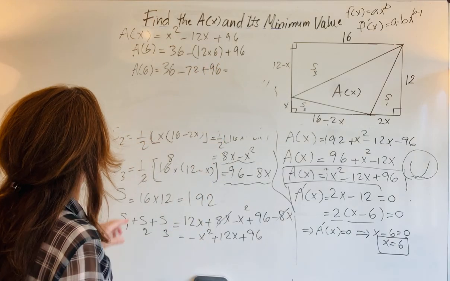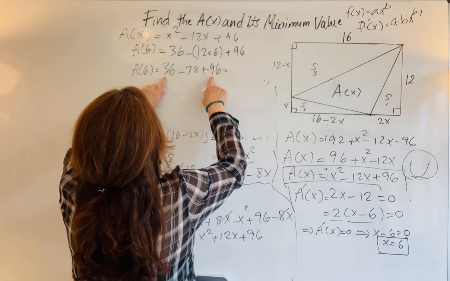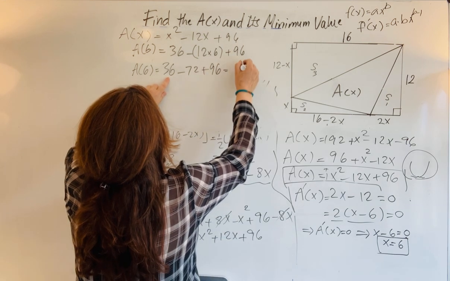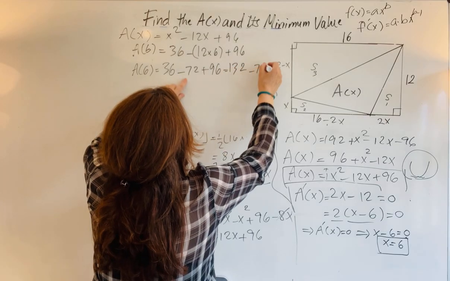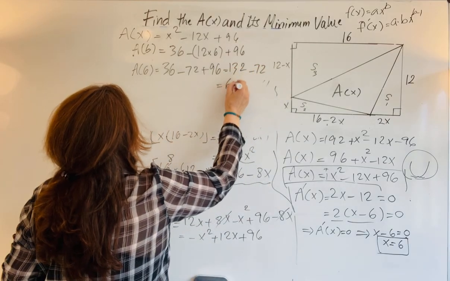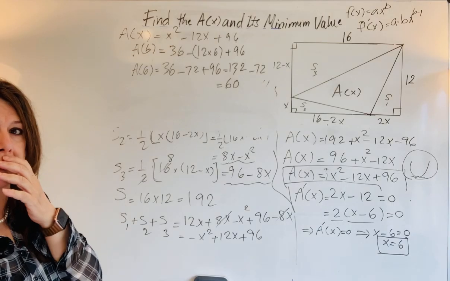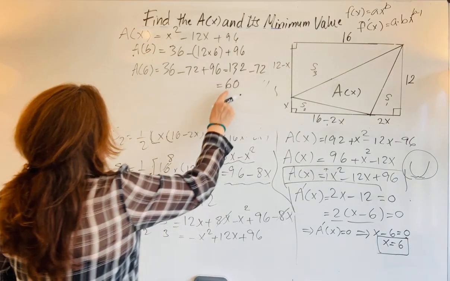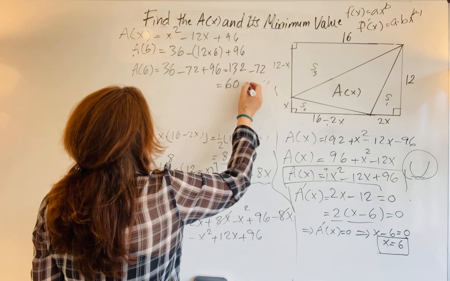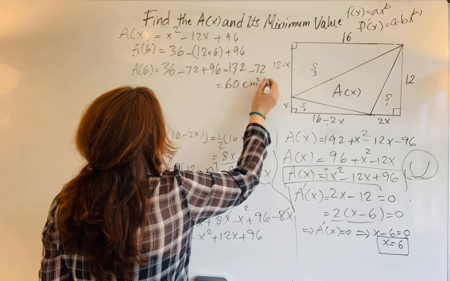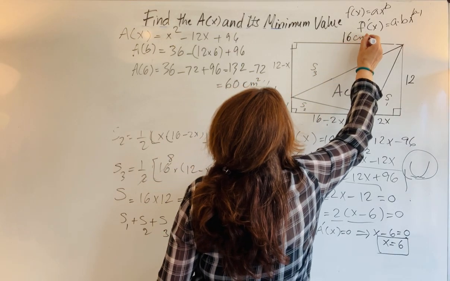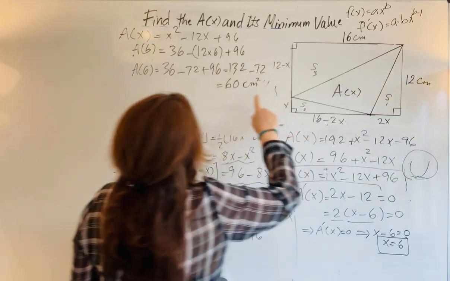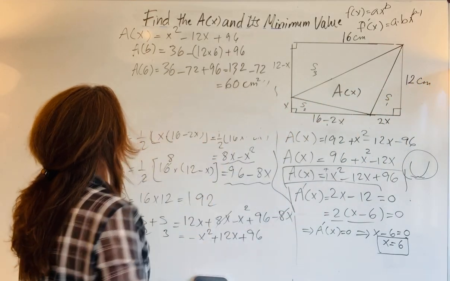How much is it going to be? 96 and 36 is 132, minus 72. How much is it going to be? 60, right? So 60 units, just unit centimeter for example. If this is centimeter, this is 60 centimeters squared.